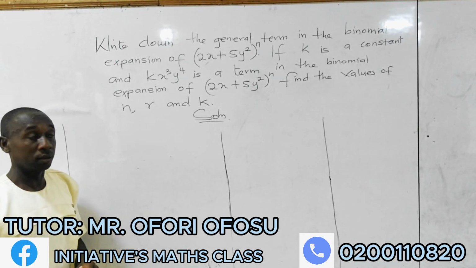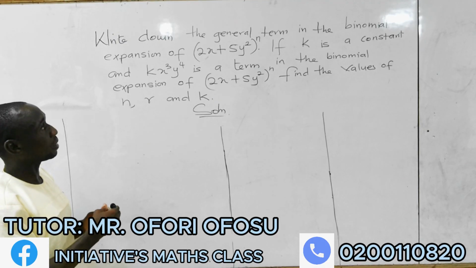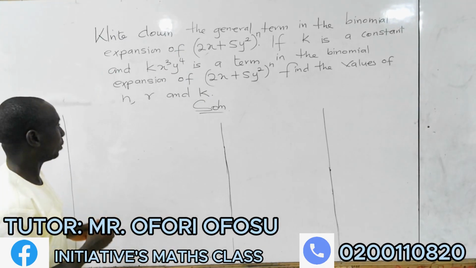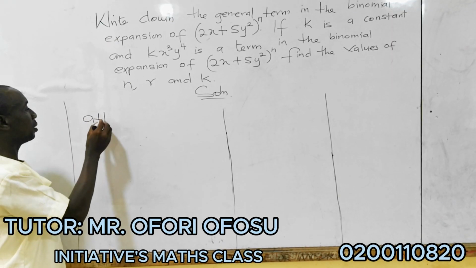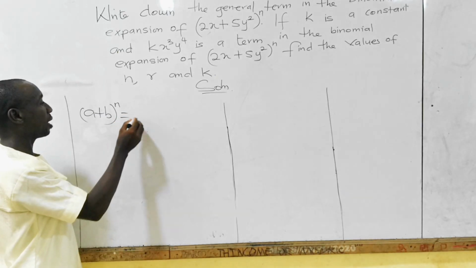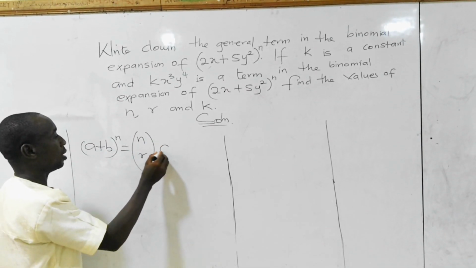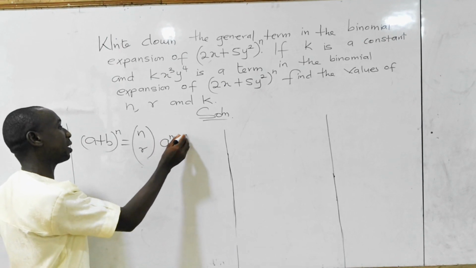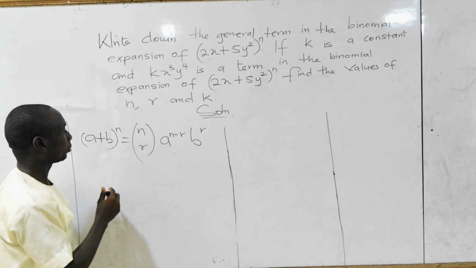Okay, so let's start. This is how we find the general term of a binomial expansion. If I have (a + b)^n, the general term becomes nCr a^(n−r) b^r.